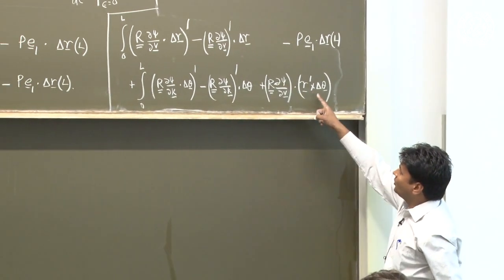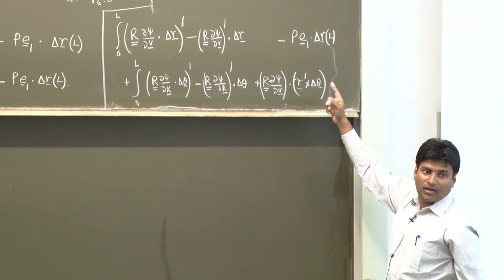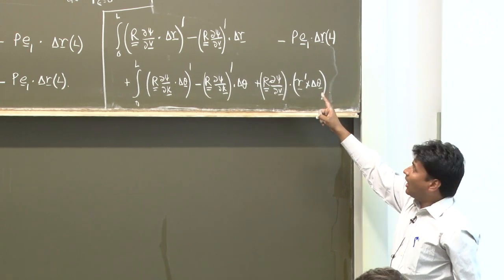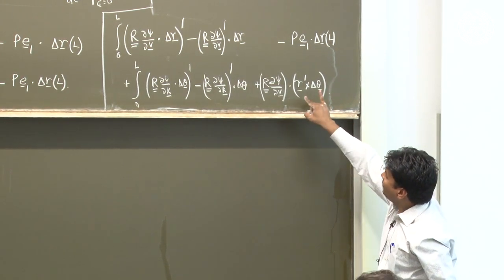A dot B cross C. What if I interchange this?